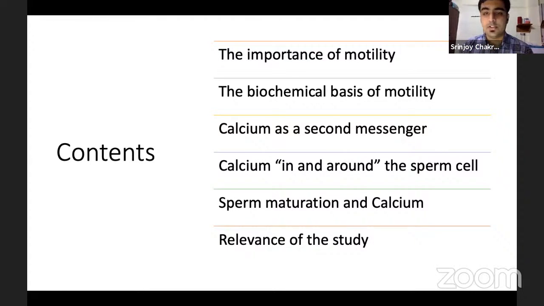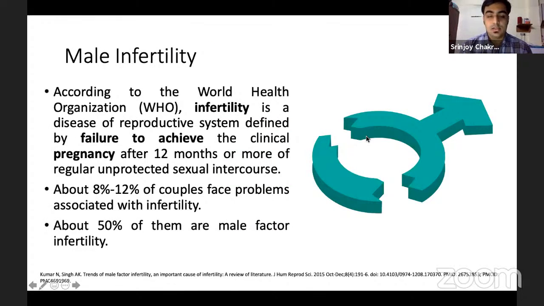So in this topic today, I'm going to talk about the importance of sperm motility and its biochemical basis. These are the contents that I'll be covering, and mostly I'll be focusing on calcium ions, which are very important secondary messengers that regulate several key metabolic processes in the sperm cell. Male infertility is a really big issue.